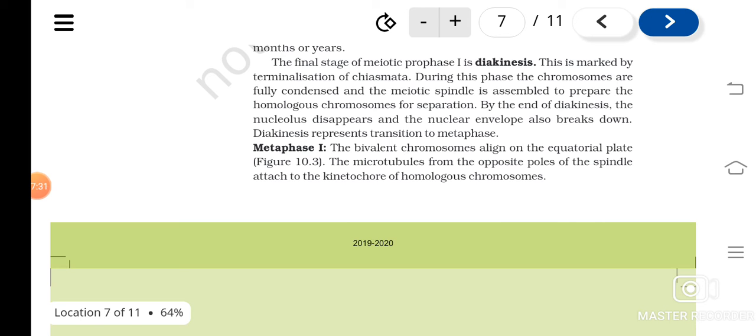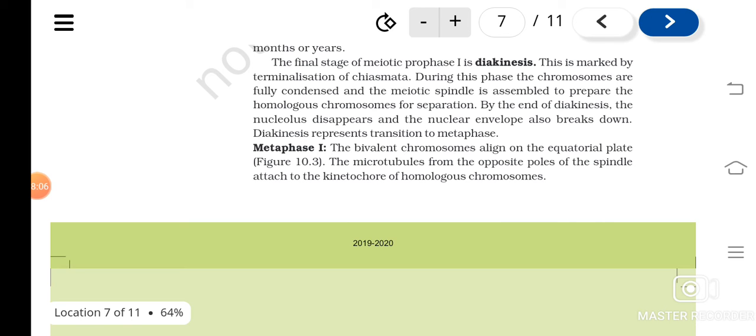But here the difference is, listen very carefully: in metaphase 1, the chromosomes are not arranged individually, they are arranged in pairs. First pair, second pair, third pair, likewise 23 pairs will get arranged in a line. That is the difference between metaphase of mitosis and metaphase 1 of meiosis 1.